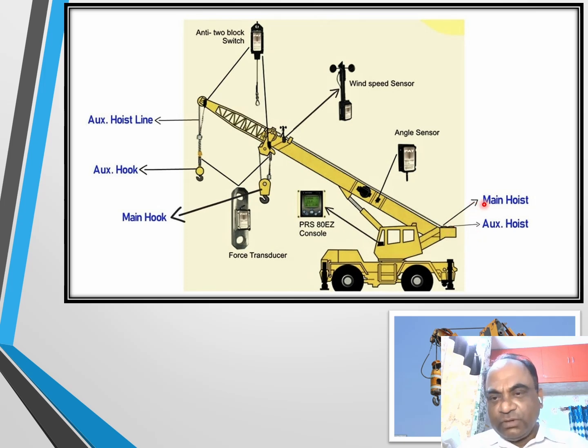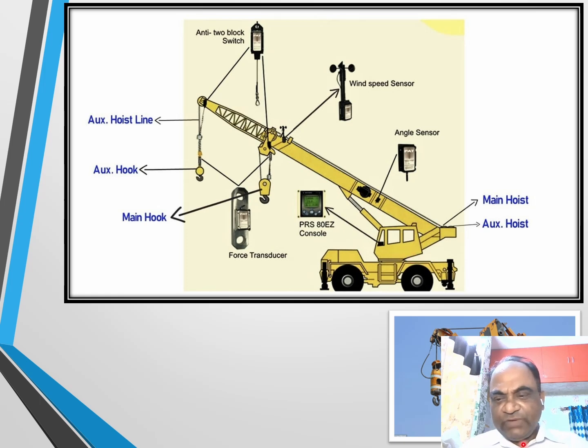So you have got main hoist and auxiliary hoist, and they are protected by these devices. The console is present in the cabin in front of the operator, and he is able to see the various parameters for the balance of the total crane as the system, so that it doesn't topple at any time.